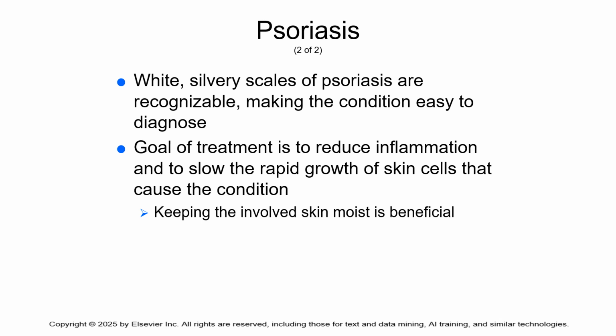As for treatment options, in some cases they may suggest the use of ultraviolet light, which is going to disrupt the cell production and make it slow down. There are also some topical medications that can be used. They can use steroid creams.